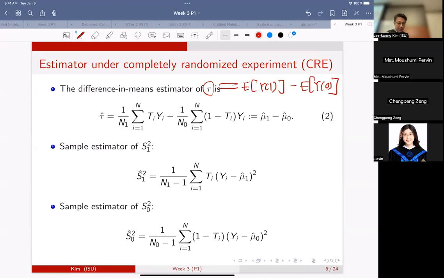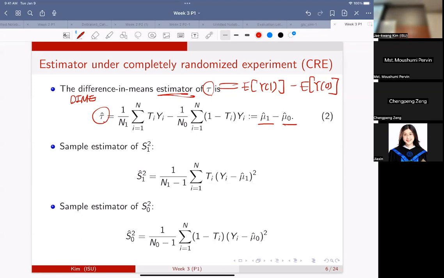And then the difference in means tau, right? It can be written as this. And then the sample estimator. So this is an estimator in the sense that we can compute it from the sample.